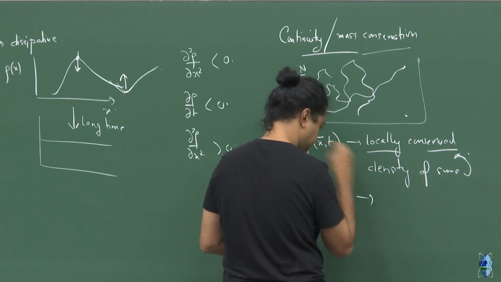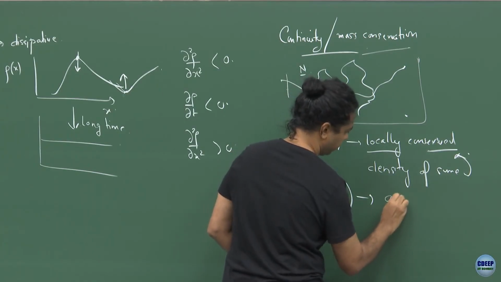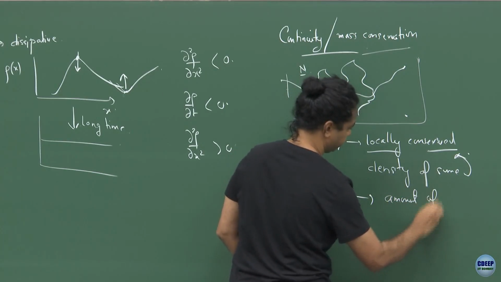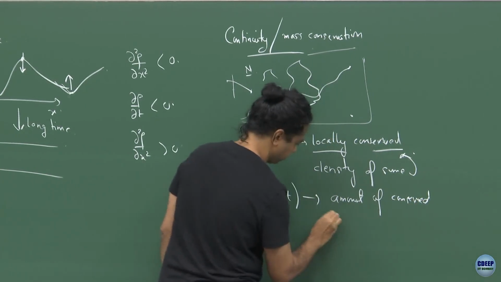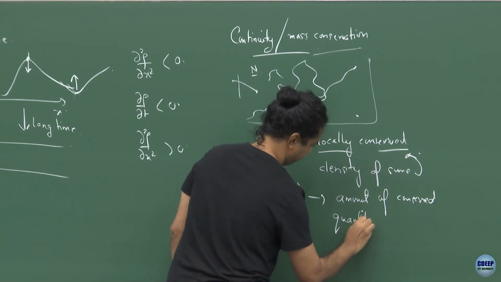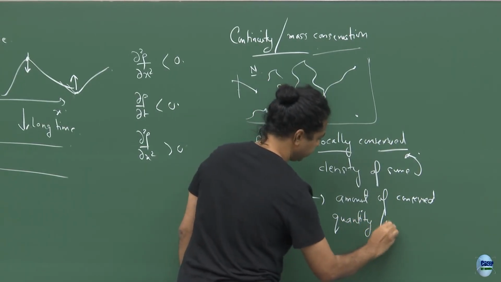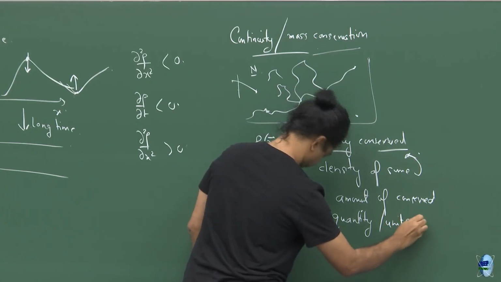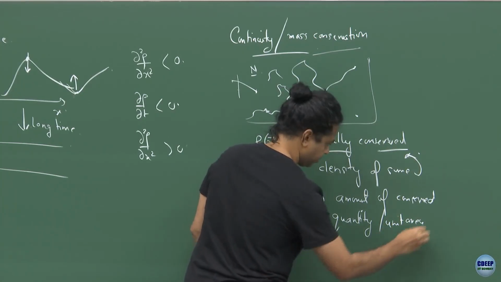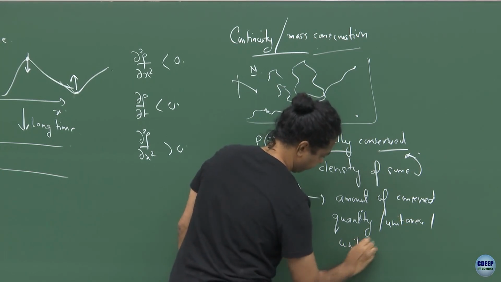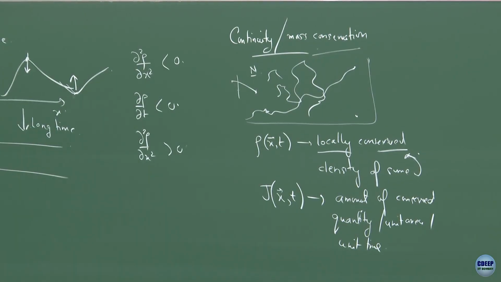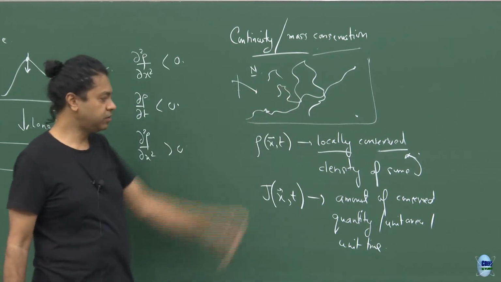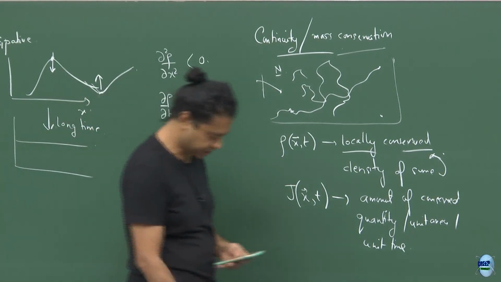This is the amount of this conserved quantity per unit area per unit time. So this measures how this conserved quantity is flowing through space. So it's a spatial current.